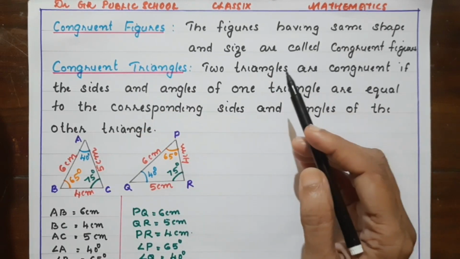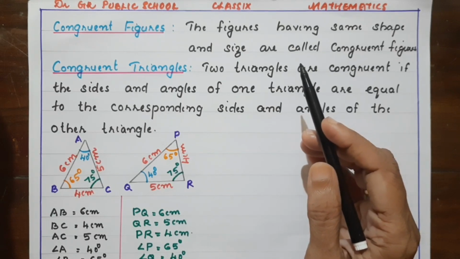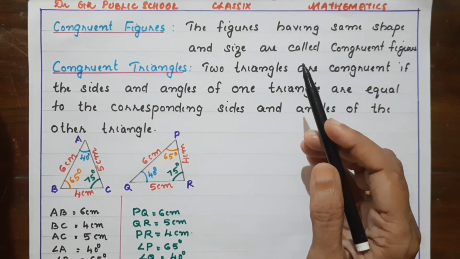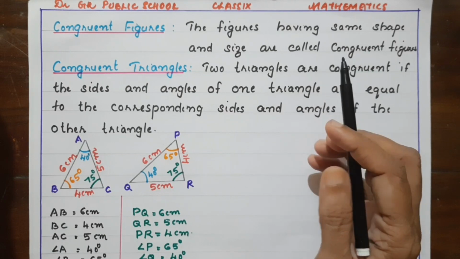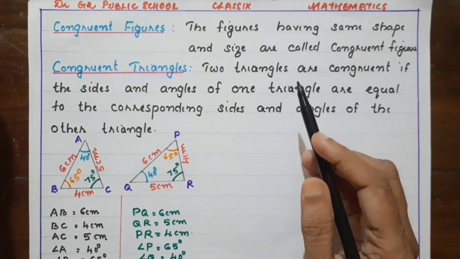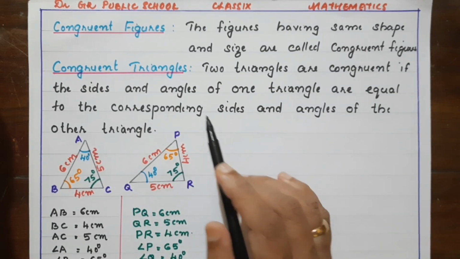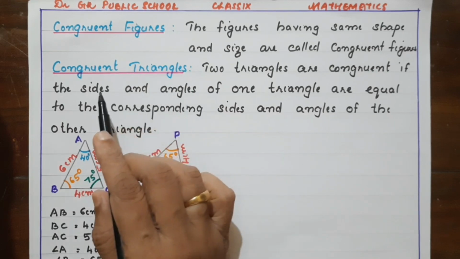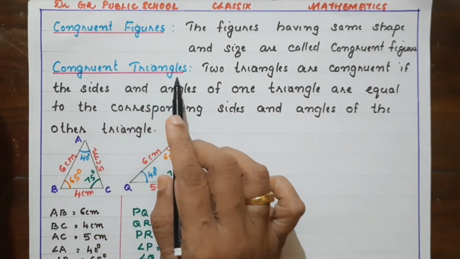If two angles are having same degree measurement, they are called congruent angles. And if two circles are having same radii, they are called congruent circles. Isn't it? In this chapter, we are going to discuss more about congruent triangles.